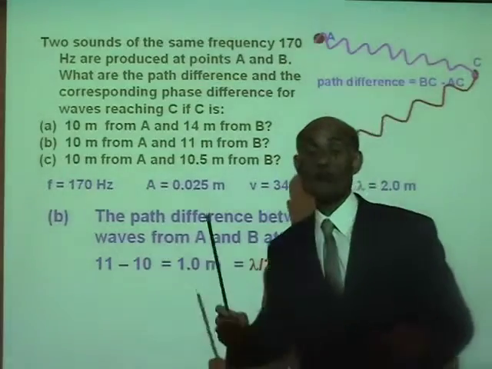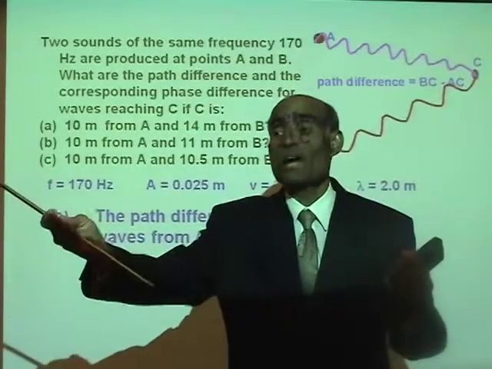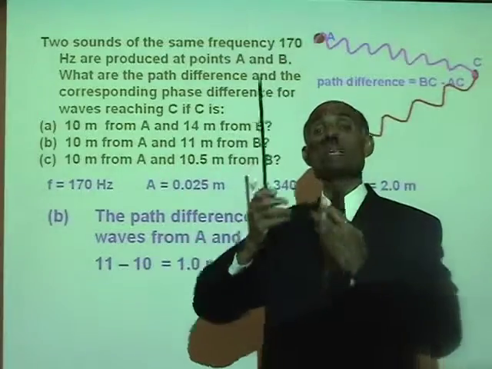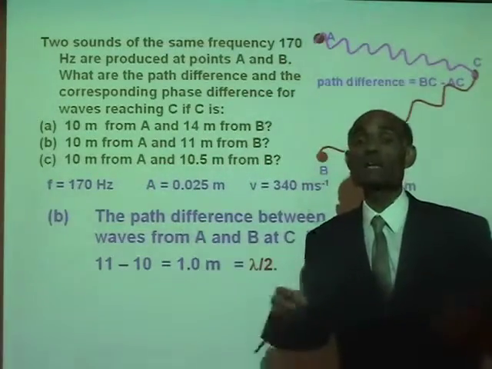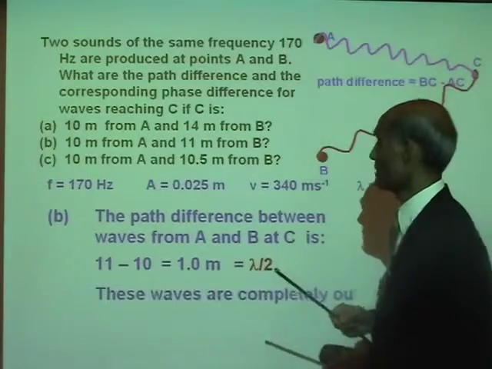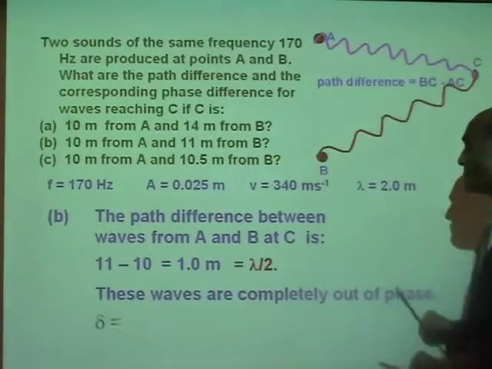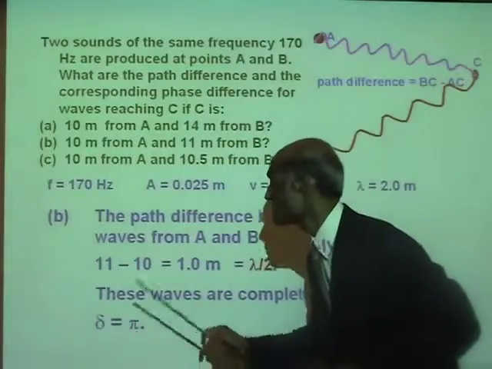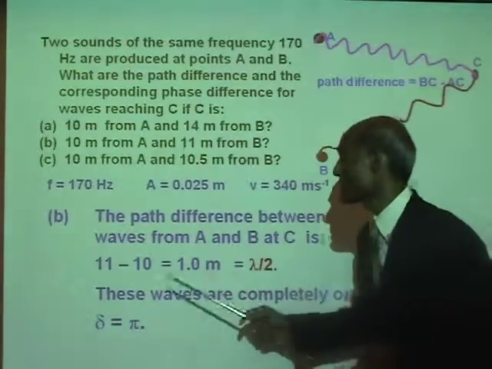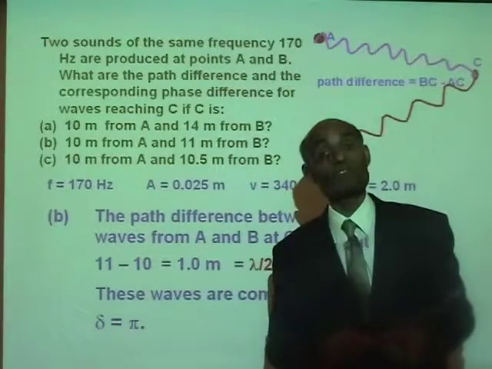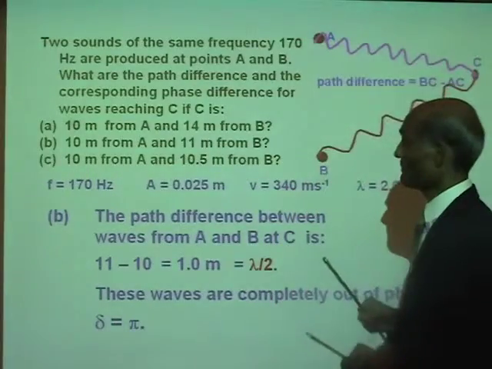That means the path difference between waves arriving from A and B at C is half of a wavelength. They are meeting completely out of phase. Therefore, the phase difference will be pi. A path difference of lambda by 2 is the same as the phase difference of pi.